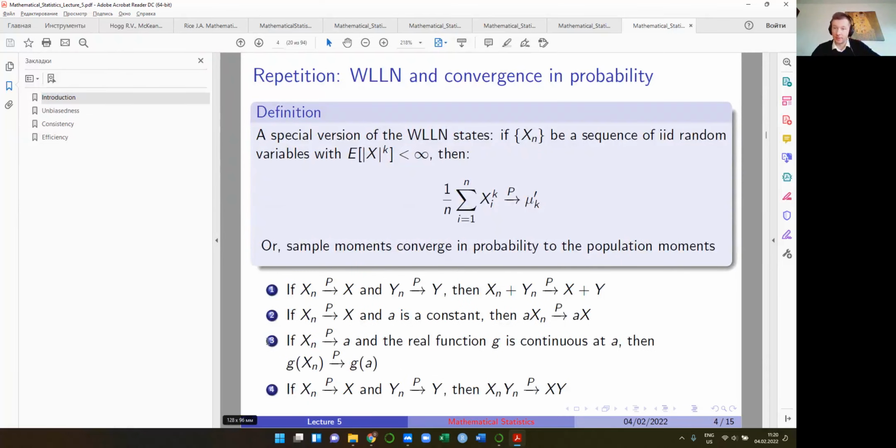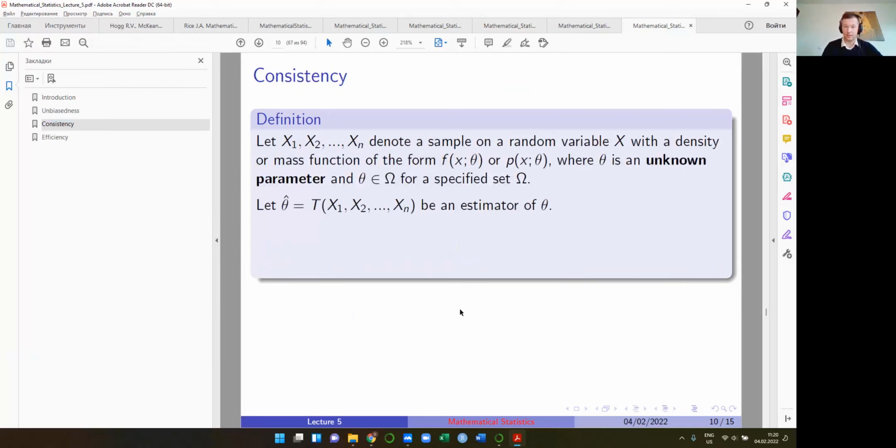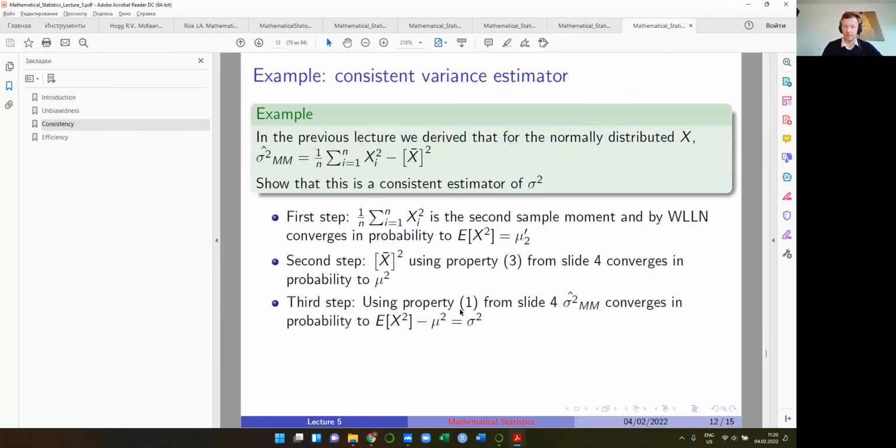Property number 3. Look, if I know that the sample mean converges to mu, and I apply a function g, in this case this function g is squaring, then my sample mean squared will converge to what? To mu squared. Right? That's what I write as a second step here.